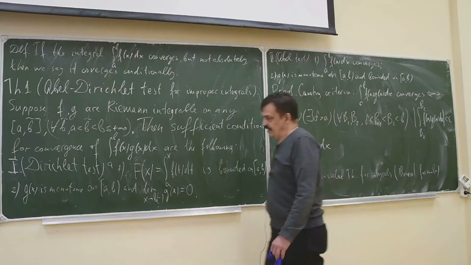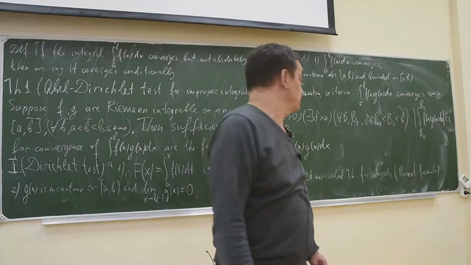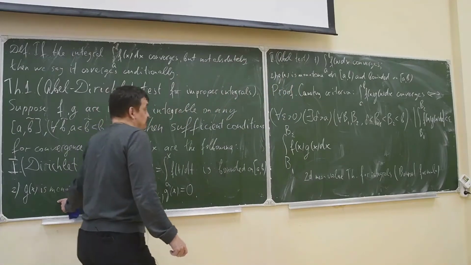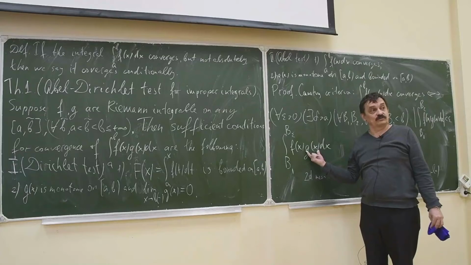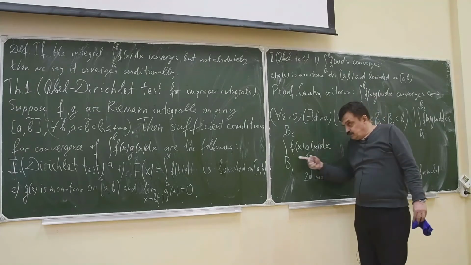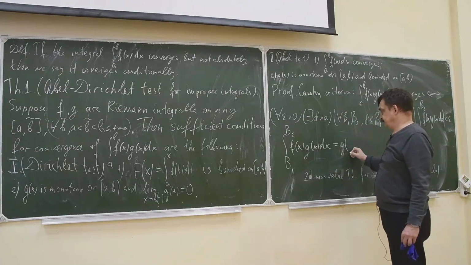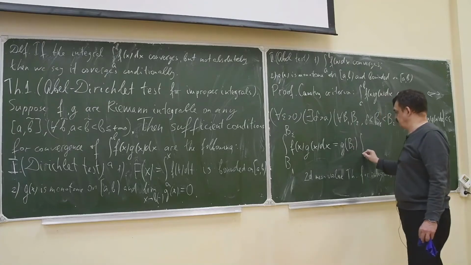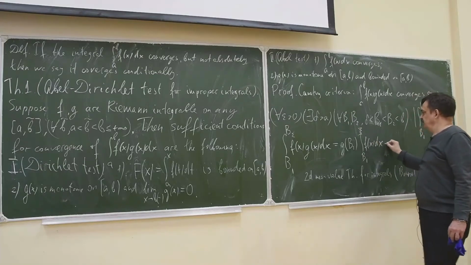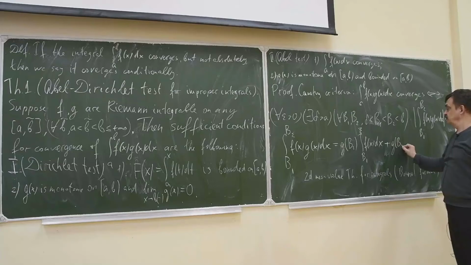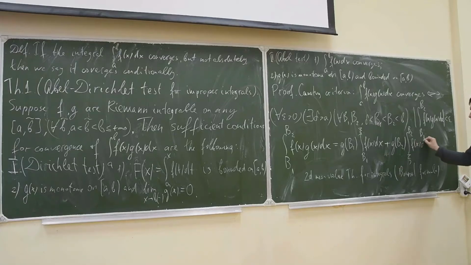So why can we apply it? Because in both pairs there is a supposition that g of x should be monotone, right? And if g of x is monotone, we can take it outside. So this is equal to g of b1 times the integral from b1 to psi of f of x dx plus g of b2 times the integral from psi to b2 of f of x dx.